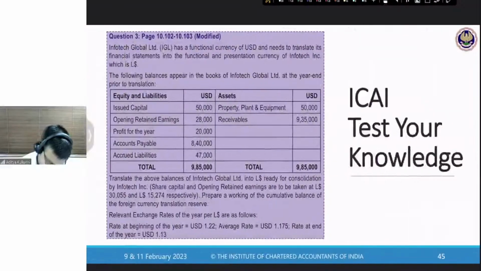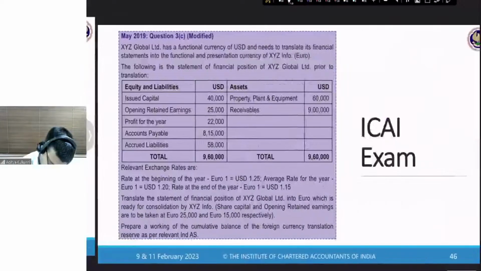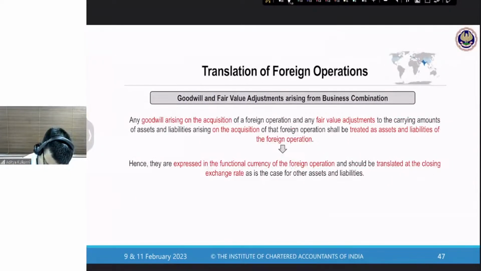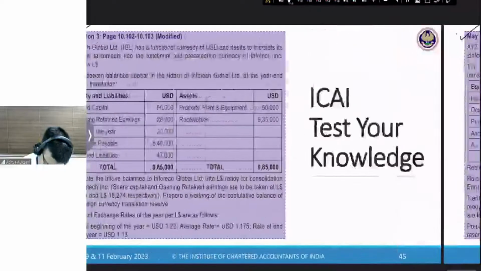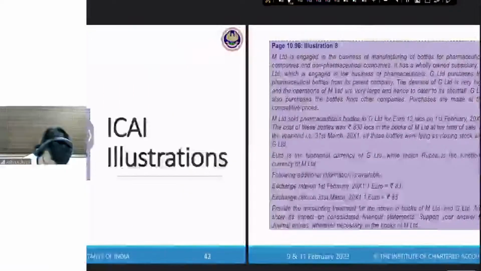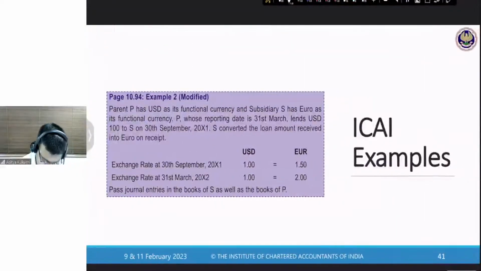This is what we did just now. This is also what we have discussed. Great. So that takes care of this part. Let us proceed.